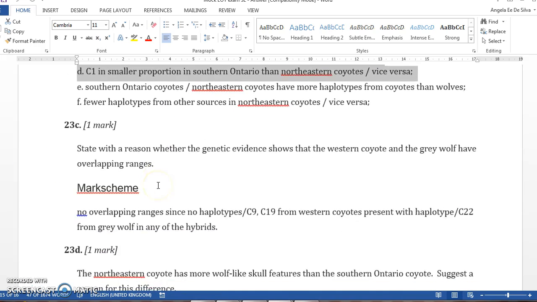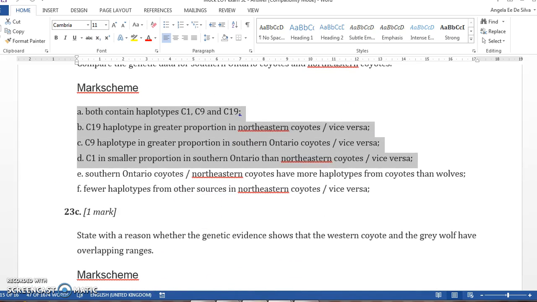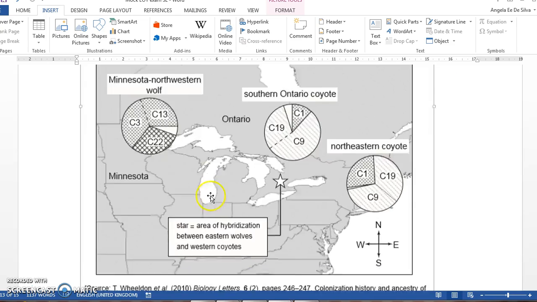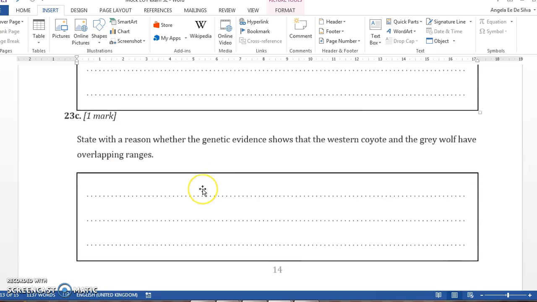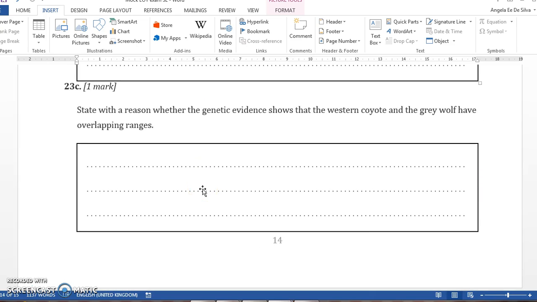Okay. Next question, which is a 1-mark question. So let's move down. State with a reason whether the genetic evidence showed that the western coyote and the grey wolf have overlapping ranges. When I see the words overlapping ranges, immediately I would think about numbers like 0 to 10, 0 to 100, and so on. But in this case, I don't think there are numbers.